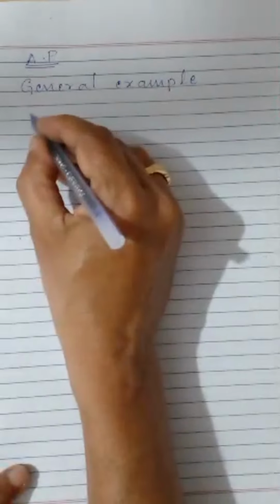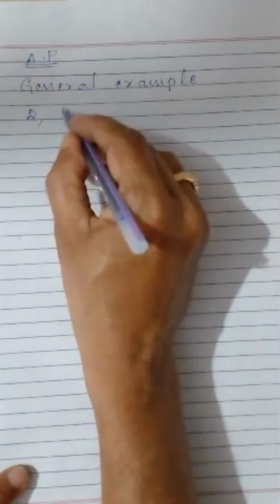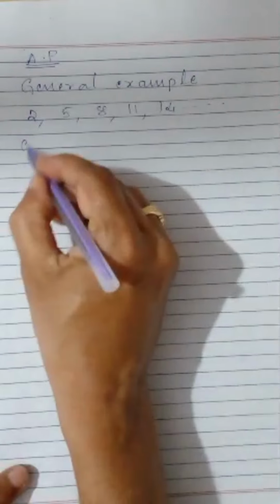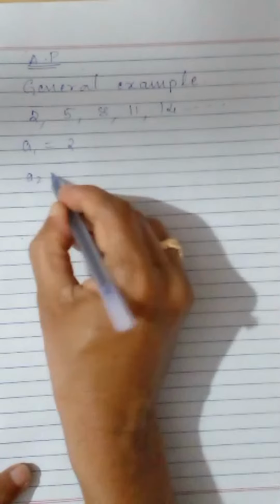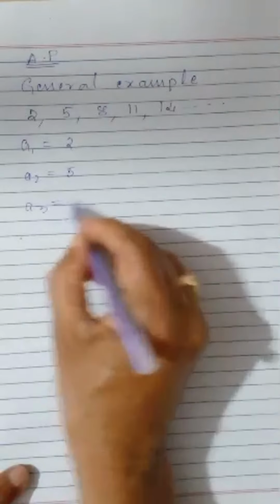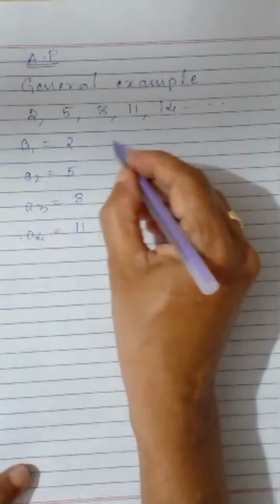The first term is 2, the common difference is 3. 2 plus 3, that is 5. 5 plus 3, 8. 8 plus 3, 11. 11 plus 3, 14, and so on. Here the first term A1 is 2, the second term A2 is 5, the third term A3 is 8, and the fourth term A4 is 11.